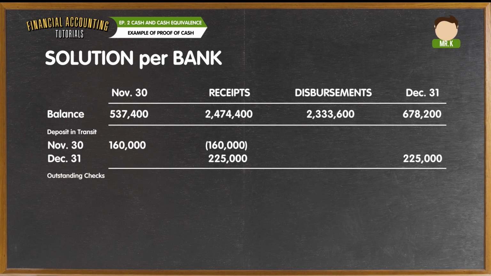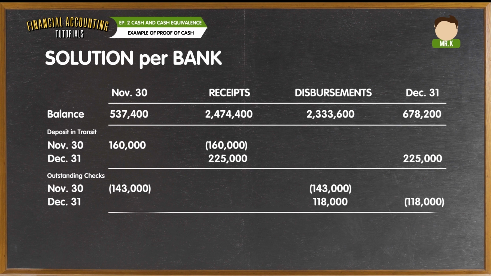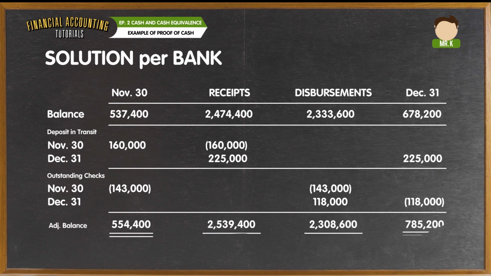For outstanding checks, the same treatment will be applied as the deposit in transit, but the only difference is outstanding checks are disbursements. So it will be a deduction to both November 30 and December 31 columns. We also need to deduct the value of November 30 outstanding check in the disbursement column and add the December 31 amount.